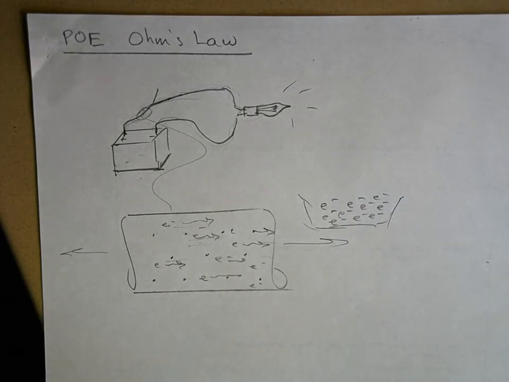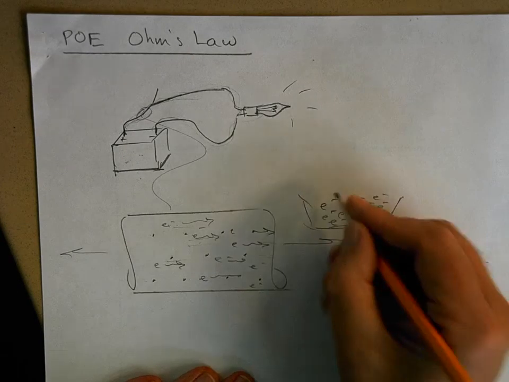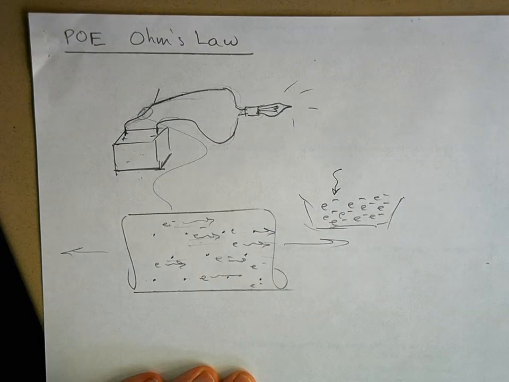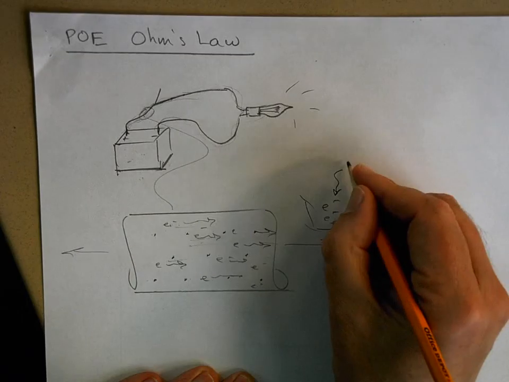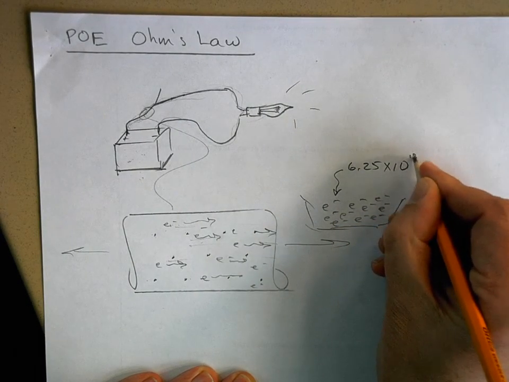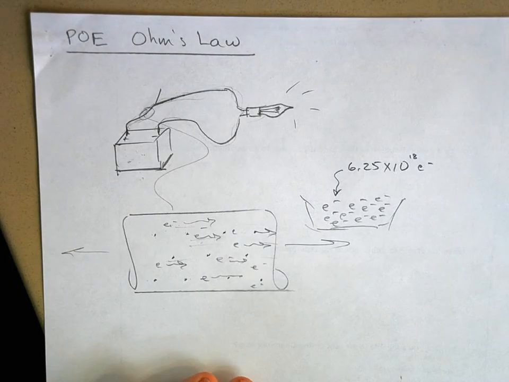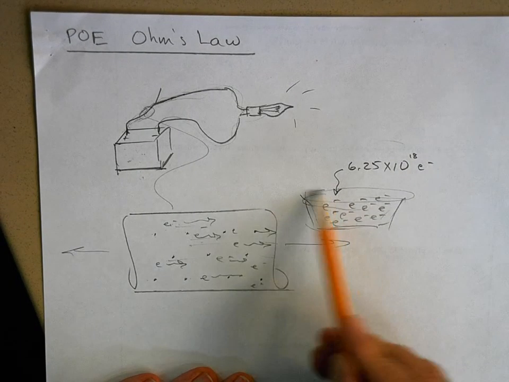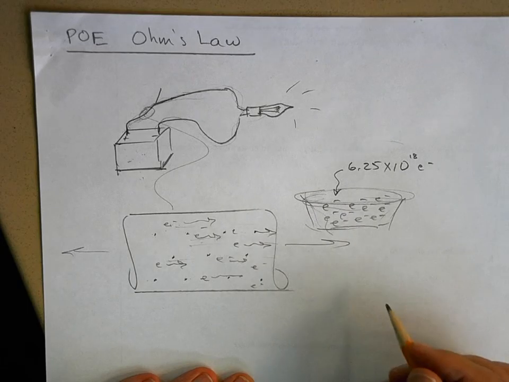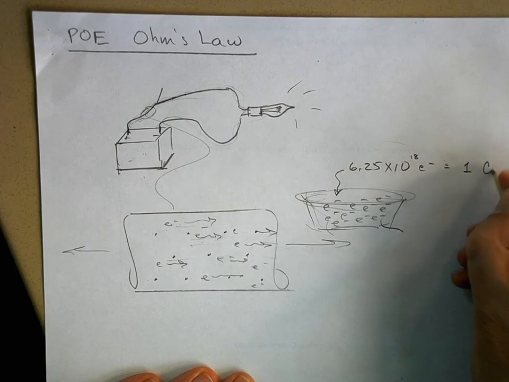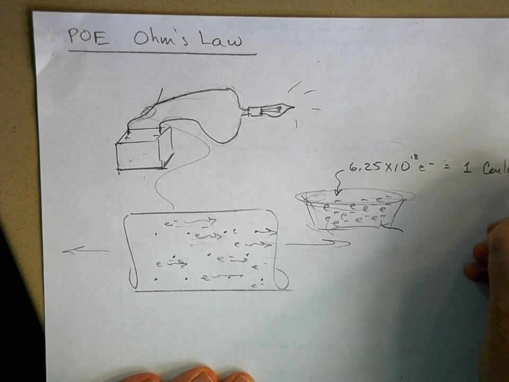In fact, if I would have to draw, well, you know chemistry, right? Atoms are really tiny things. If I drew, I would have to have 6.25 times 10 to the 18 electrons. If I had this many electrons in a big basket of electrons, I would say that there is one coulomb of charge.